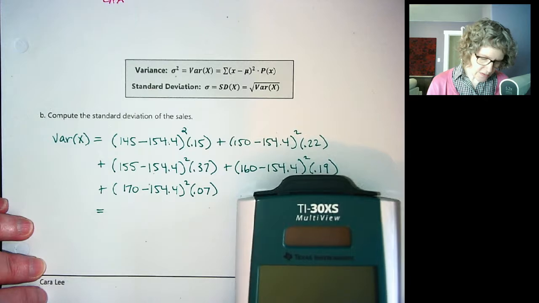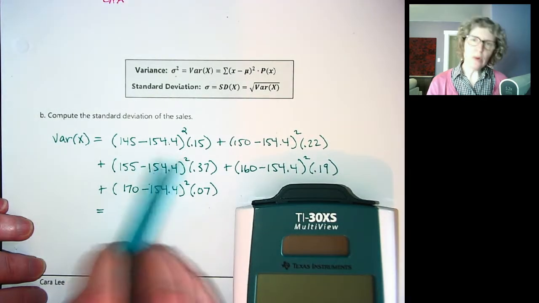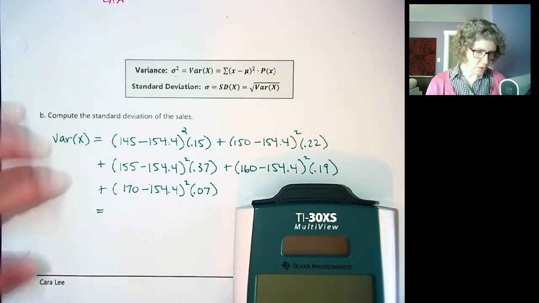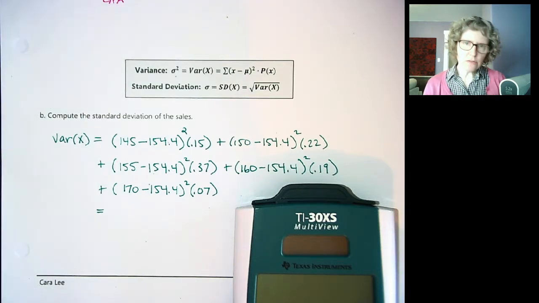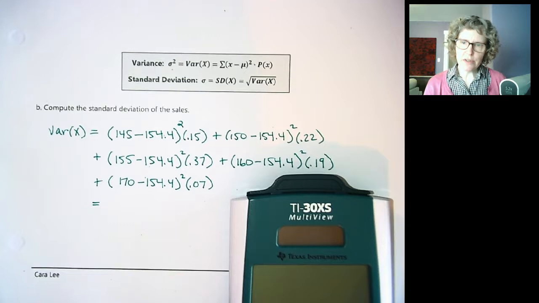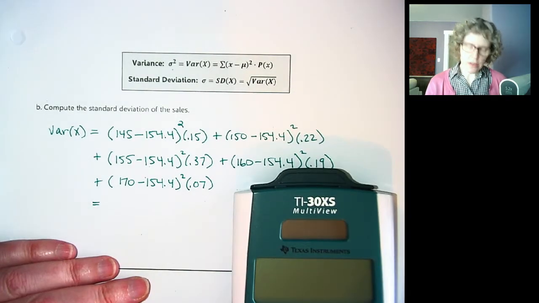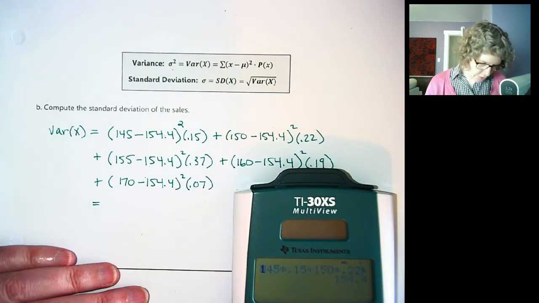Okay, so let's calculate this. In order to do this, I don't want to have any round off error by rounding these individual terms, so I want to keep it all in my calculator. I'll show you how I do it. There are other ways to do it, but I'm going to do my first term: parenthesis 145 minus 154.4 close parenthesis squared times 0.15 and enter.